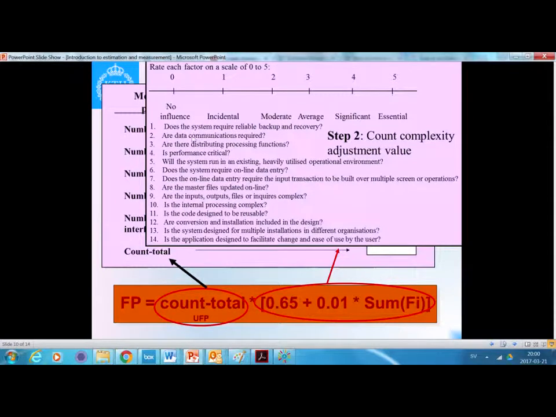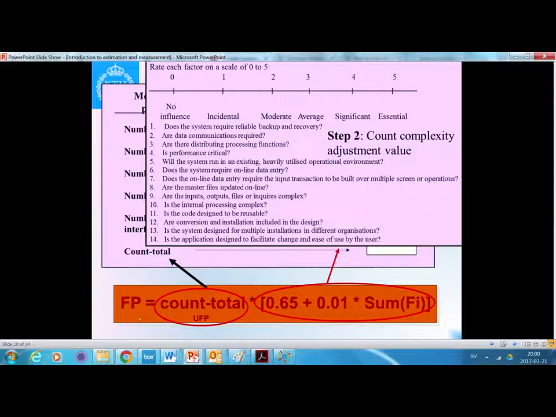So for instance, does the system require reliable backup and recovery? If it requires a very reliable backup and recovery, you may assign number 5 to it. If it does not require anything, then you assign 0 to it. So you sum all these factors, you multiply this with unadjusted function points, and you get the size of the functionality.